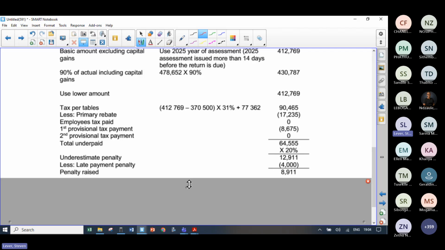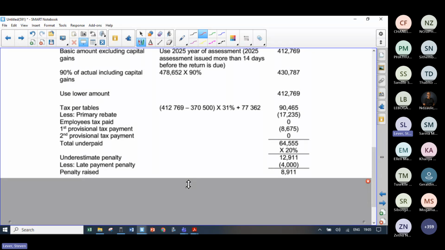So guys, essentially, what are the questions for provisional tax? It is: do I need to register, or calculate first, or calculate second, or third, or calculate the late payment penalty, or calculate the underestimate penalty. And what I've done in this case study is give you one of each type of calculation.